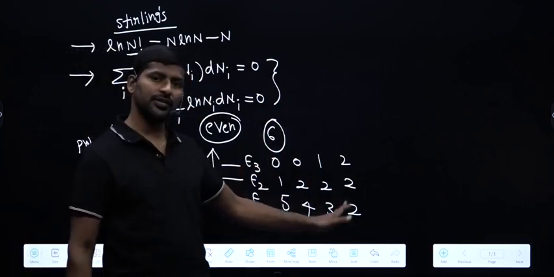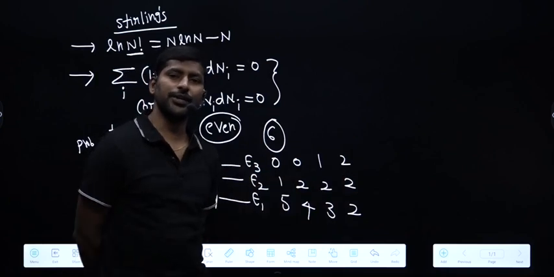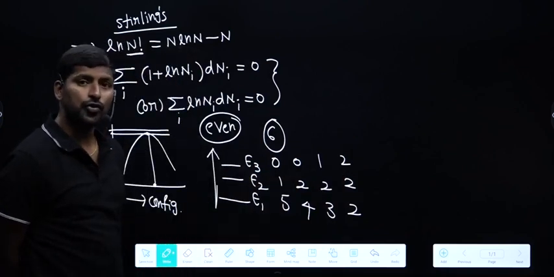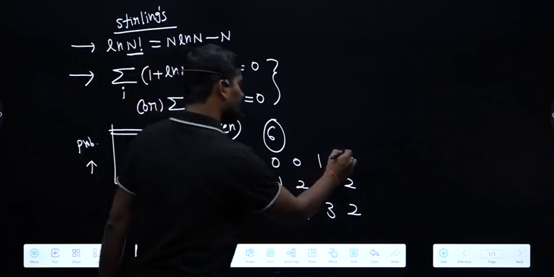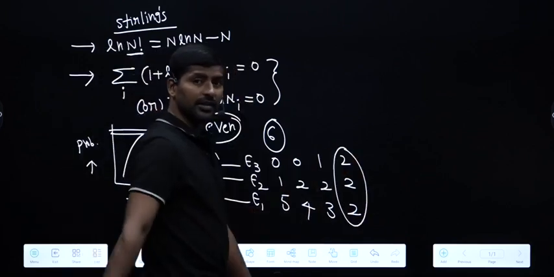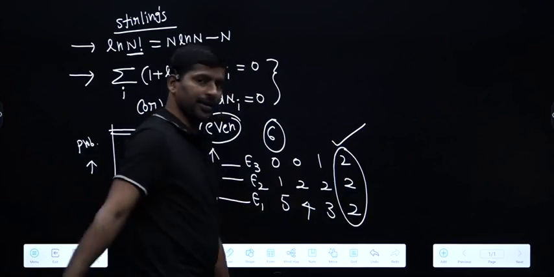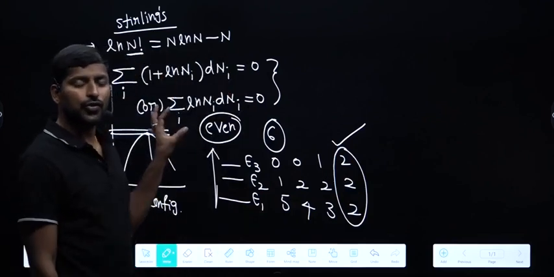Among these, the most dominant configuration is where the particles are distributed evenly, that is 2 2 2.